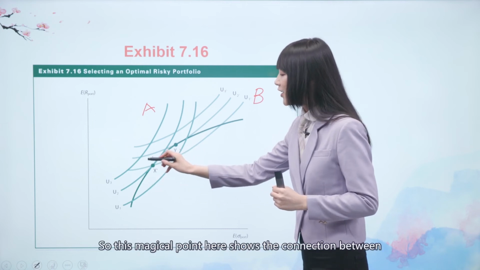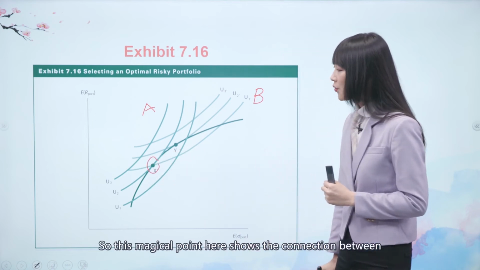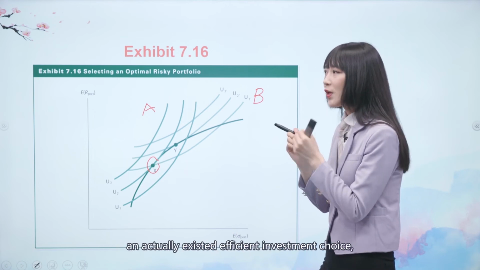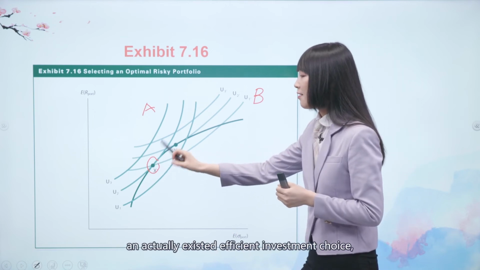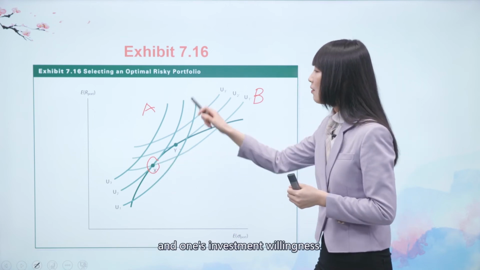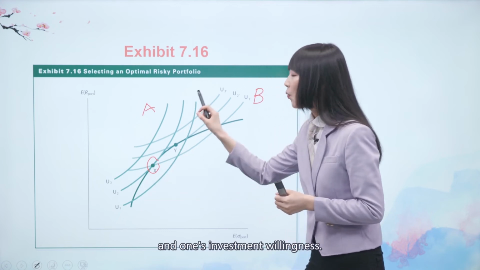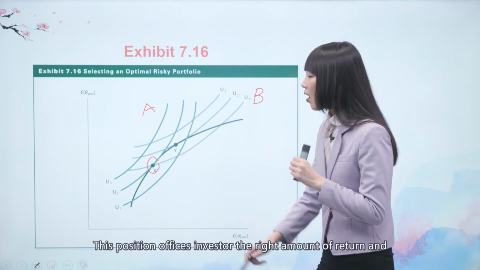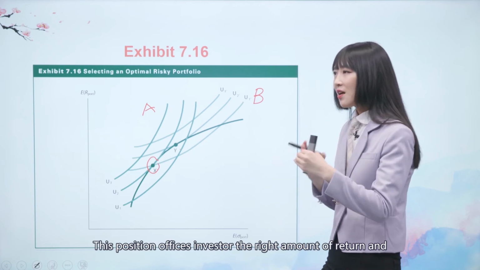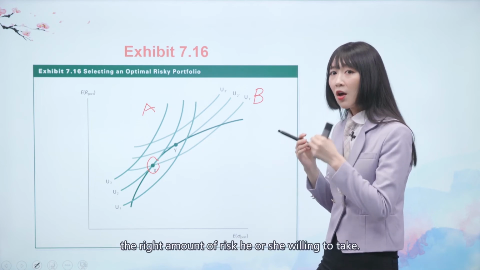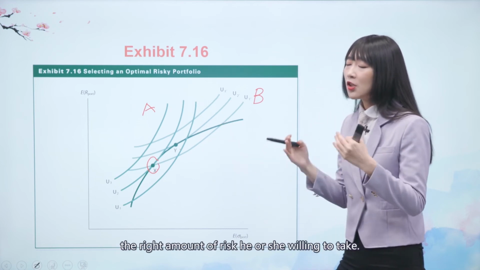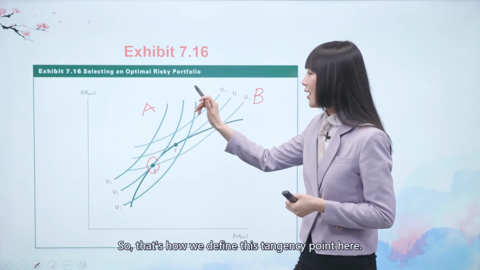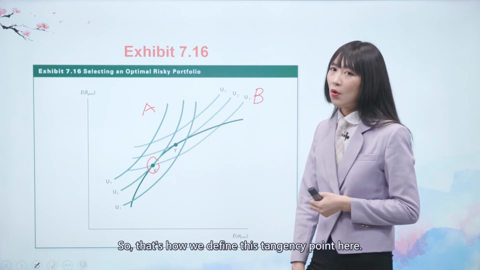So this magical point here shows the connection between an actually existing efficient investment choice and one's investment willingness. So this position offers the investor the right amount of return and the right amount of risk he or she is willing to take. So that's how we define this tangency point here.